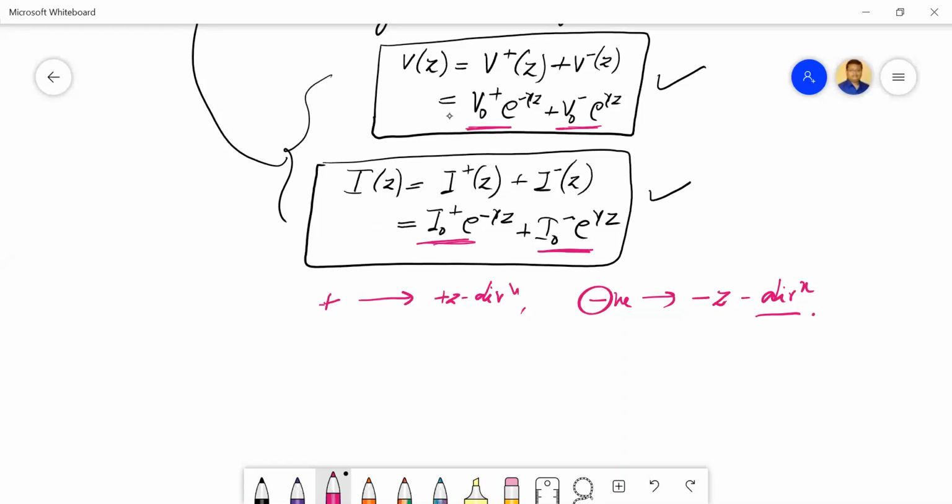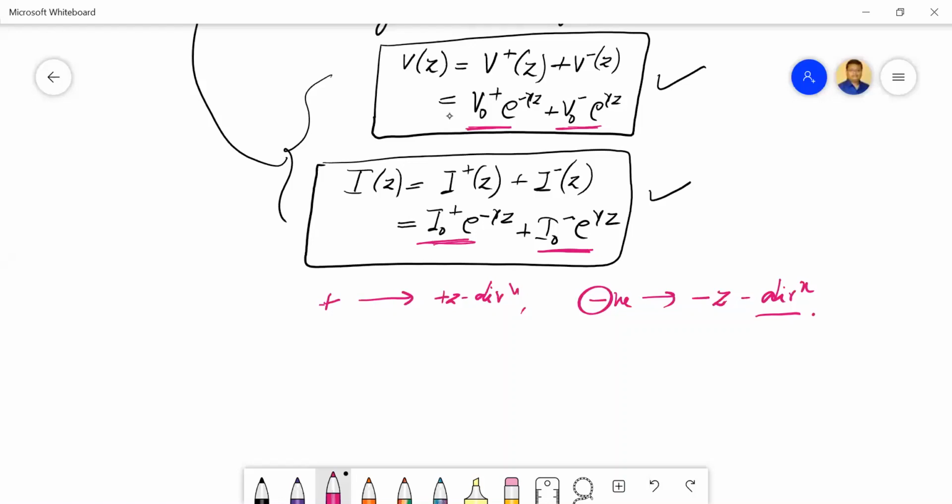If we have a transmission line and terminate it with a load, there must be some reflection. How do you accommodate this mathematically?